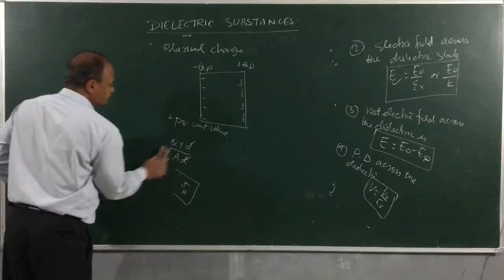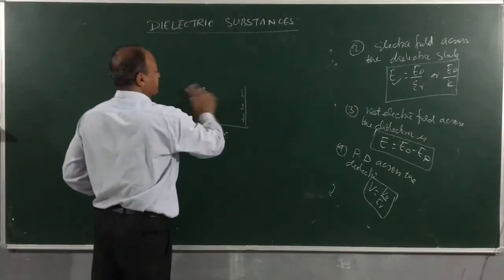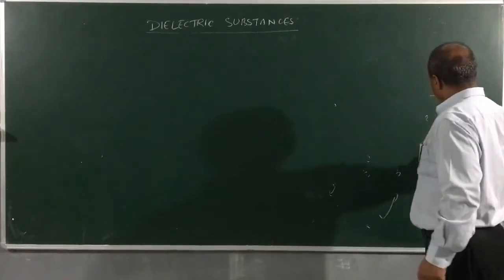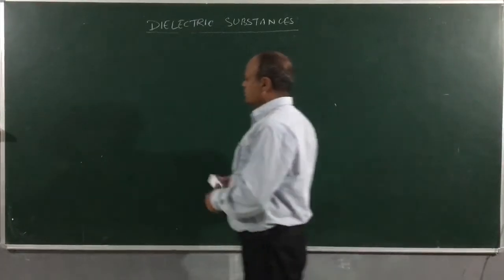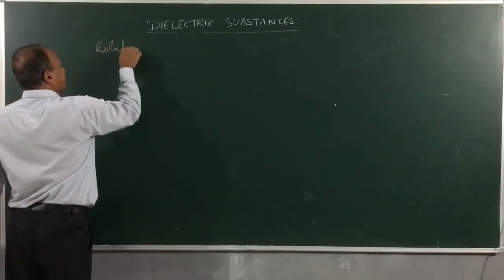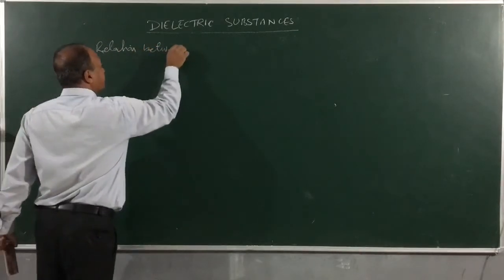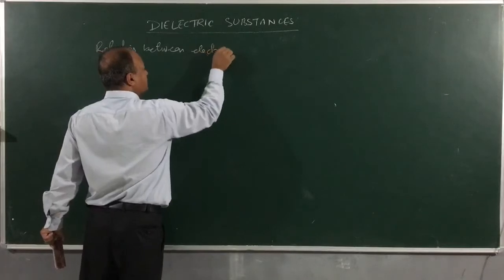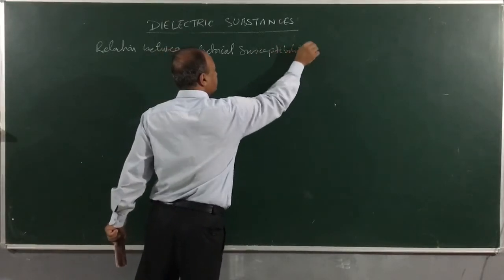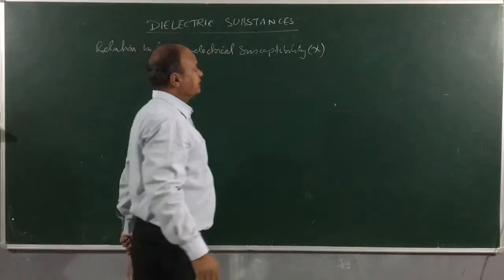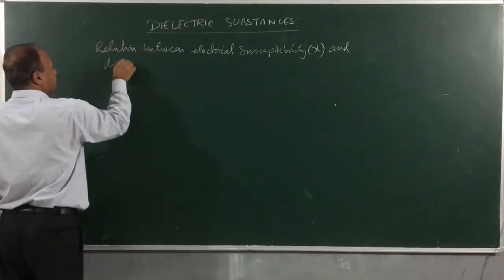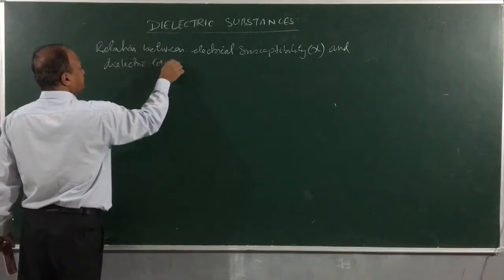Now children, we'll put in a relation between electrical susceptibility, chi, which is capital X, and dielectric constant.